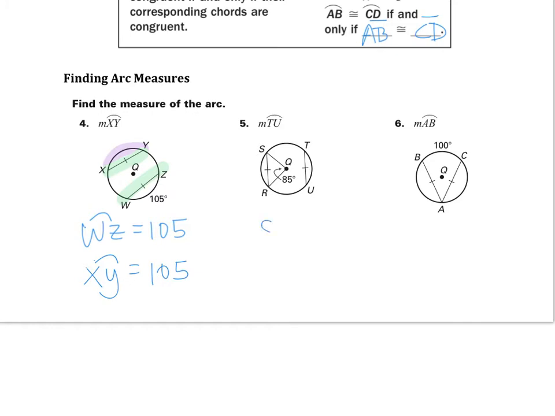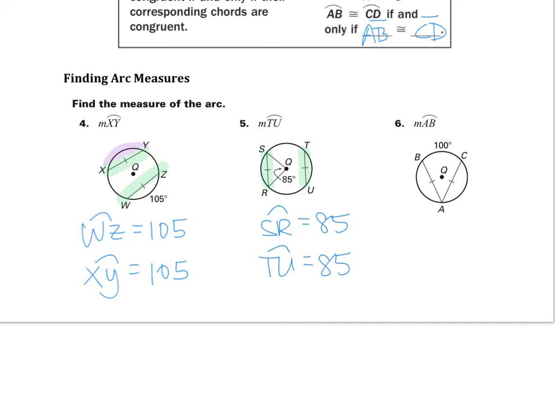So arc SR equals 85. I have congruent chords, so that means that TU equals 85.